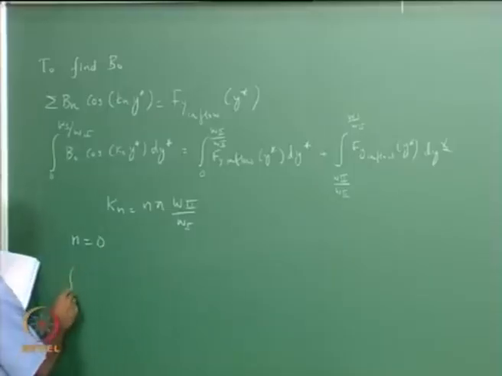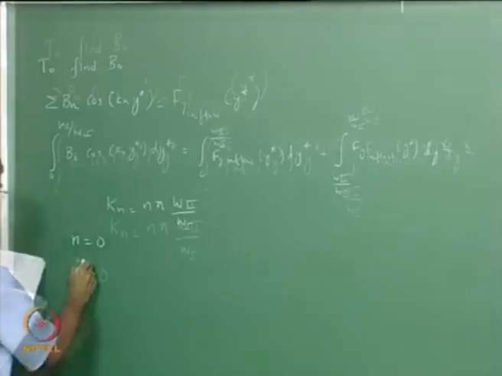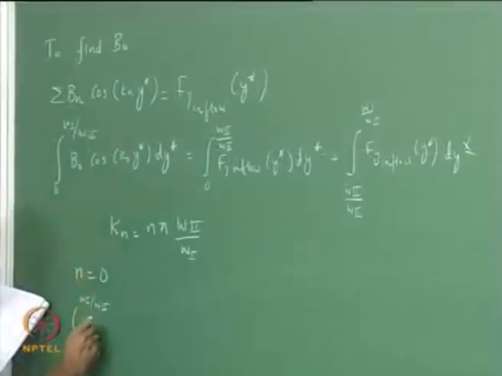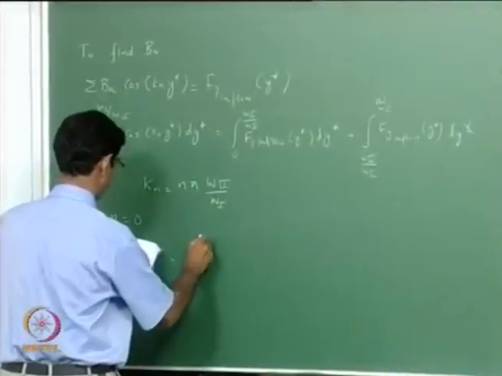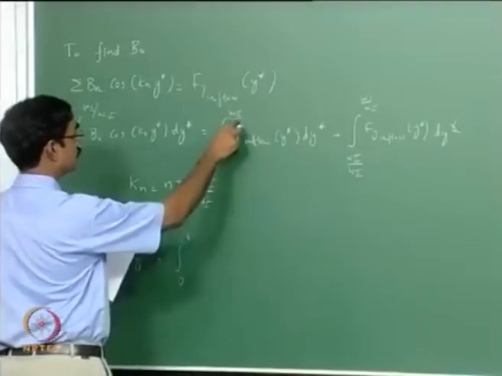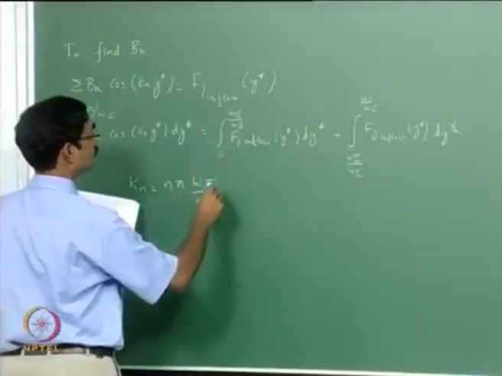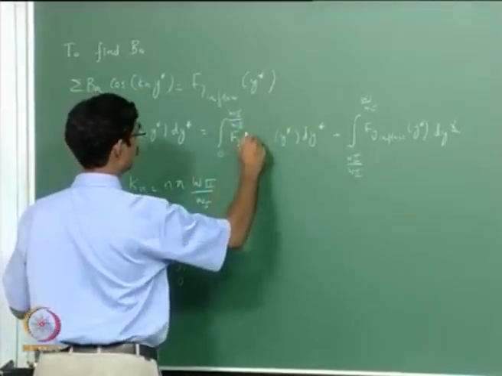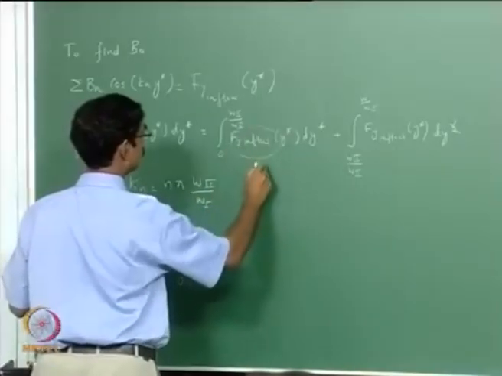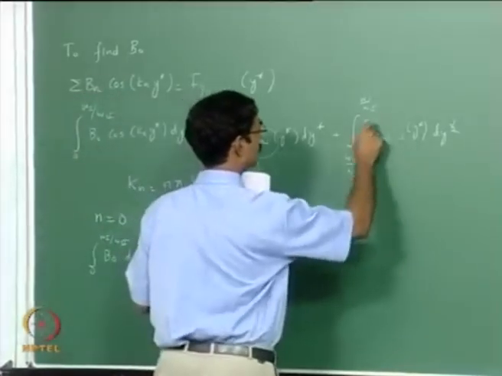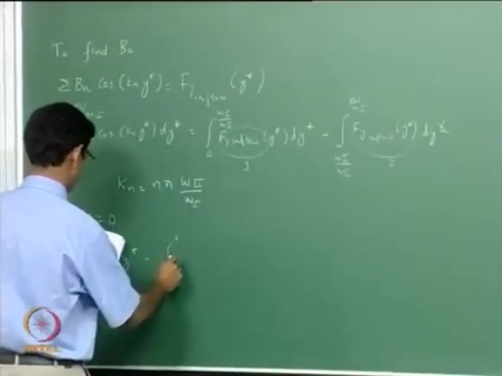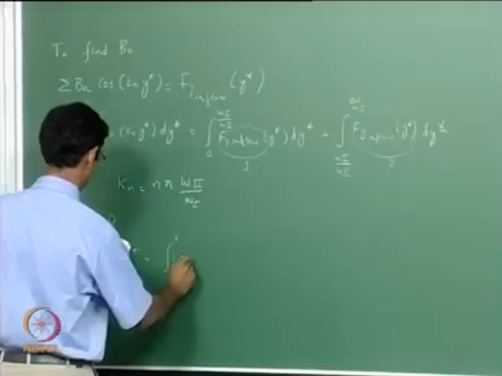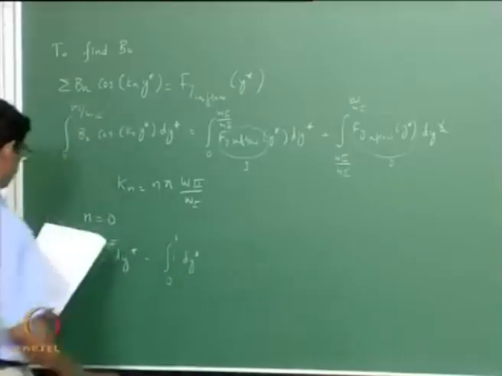So, integral 0 to W1 over W2 of B naught dy star equals integral 0 to 1, because this is W2 by W2, and this has a value of 1 in the fuel slot and a value 0 for Z. So you will get 1 into dy star.